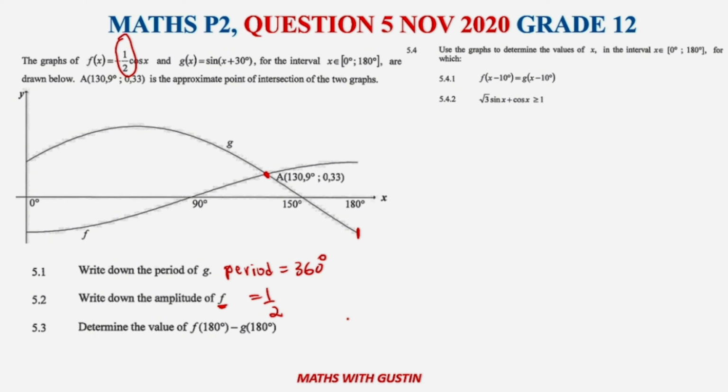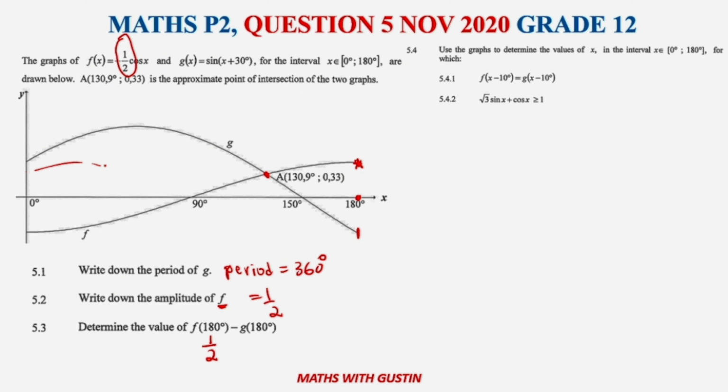Okay, great stuff. So now let's determine the value of f at 180 minus g at 180. Let's look at 180. Where is 180? Here is 180. What is the y coordinate here for f at 180? It is going to be half, because that's the amplitude.